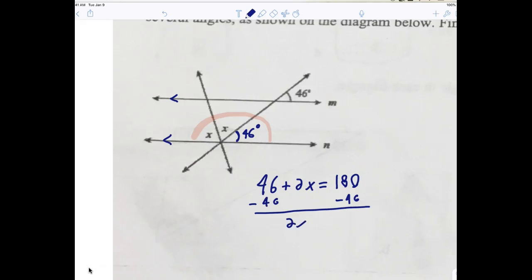Equals 134. Good. 134 equals 2x. This goes in 6 times with a remainder of 4. Good. 67. Very good. 67. All right.